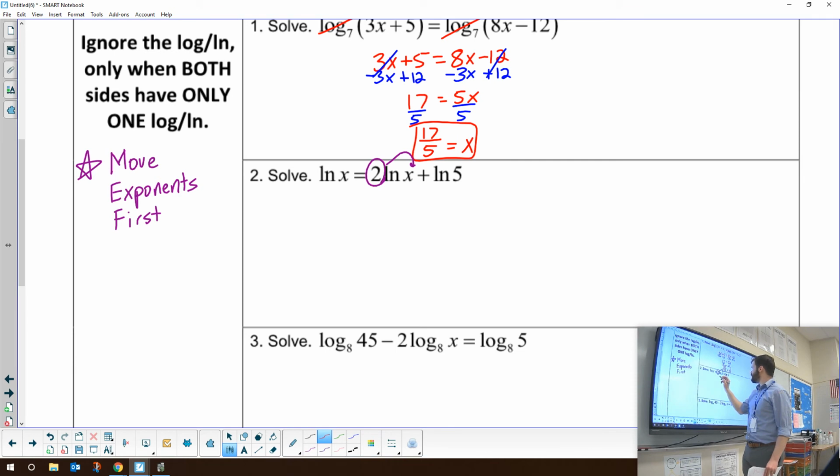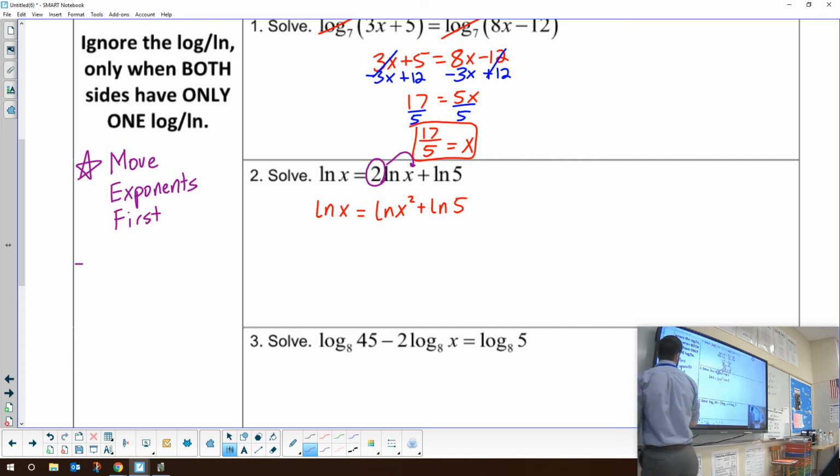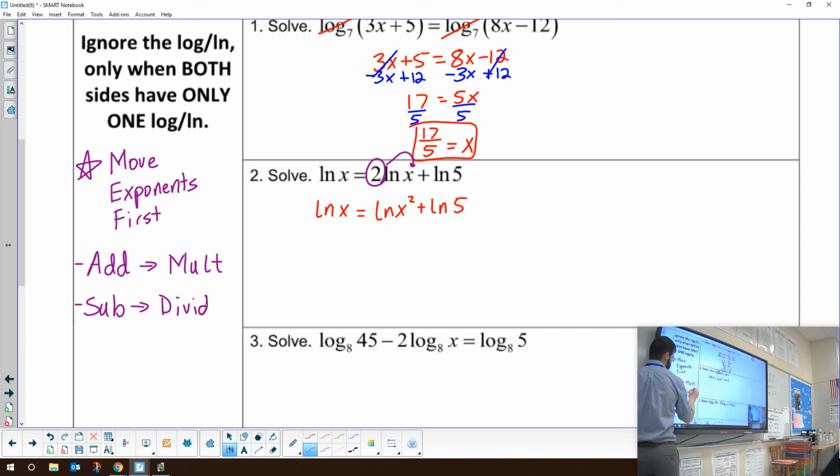So I can rewrite this as natural log of x squared plus natural log of 5 equals the natural log of x. Then, remember, if we are adding, that's going to change to multiply whenever I condense. And if I am subtracting, that's going to change to divide whenever I condense.